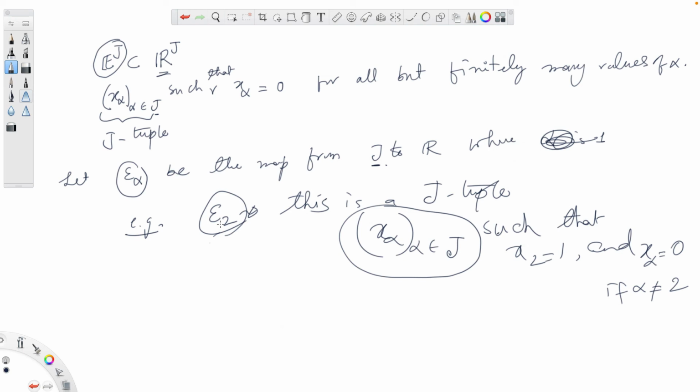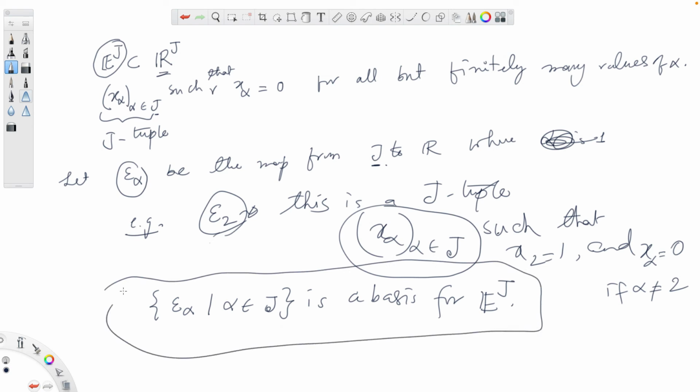All right, now I leave it as an exercise for you to check that this set epsilon alpha, where alpha runs in the index family J, is a basis for E to the J. Remember E raised to J is a proper subset of R raised to J, which consists of elements that can only have finitely many non-zero components.